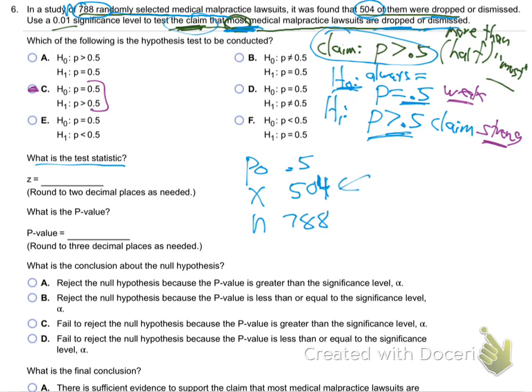So 504 were dropped out of 788 total. n is always the total. In everything we do in stats, n is the total. So put those into your calculator. Then it'll ask you for not equals, less than, or greater than. We're putting them all in the wrong order here, aren't I?